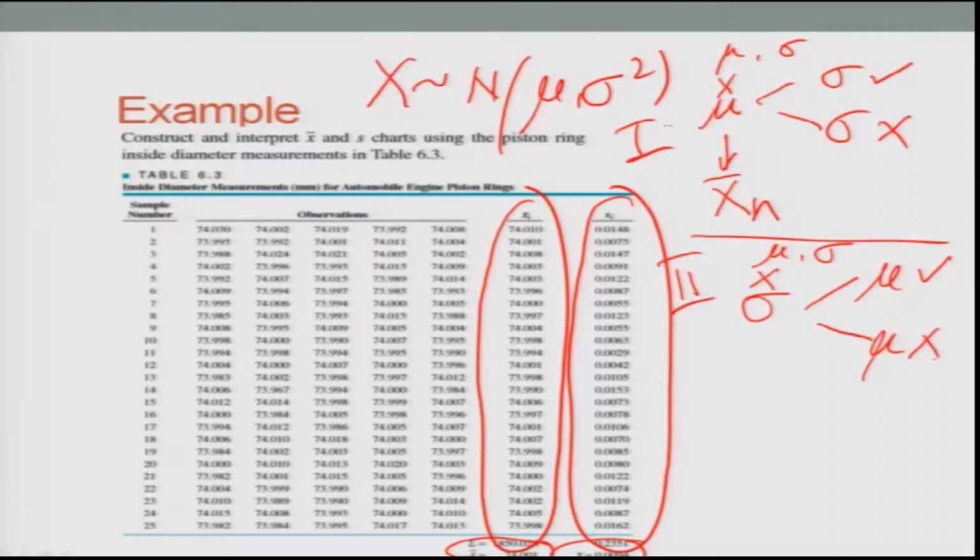Now, if mu is known, my actual formula to find the best estimate from the sample, which would give me the maximum amount of information on the standard deviation of the population, would be this one.